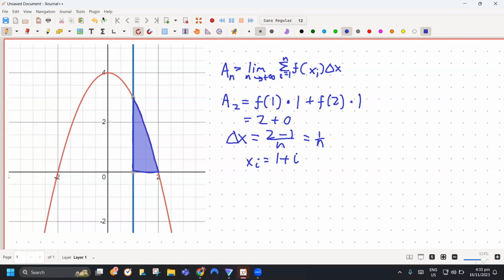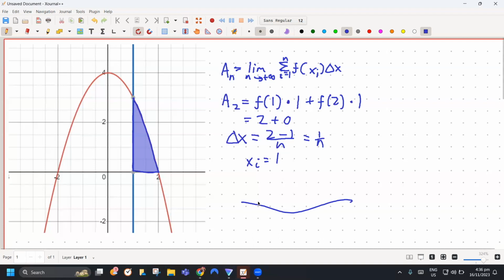When I is equal to 2, magiging 3. Lagpas. Ganito, you're moving from 1 by steps of... let's say 4 na divisions.